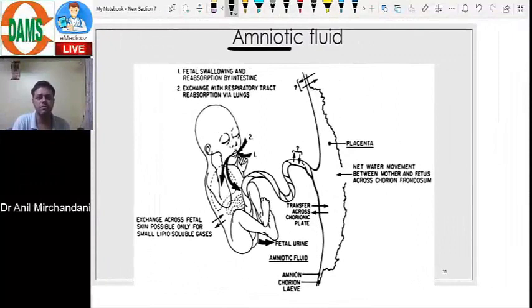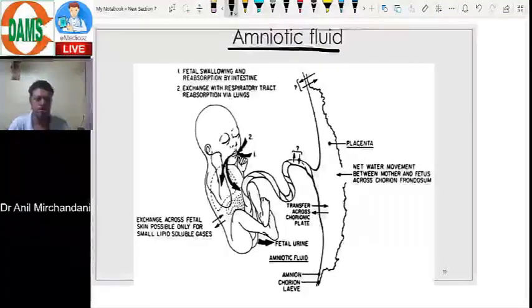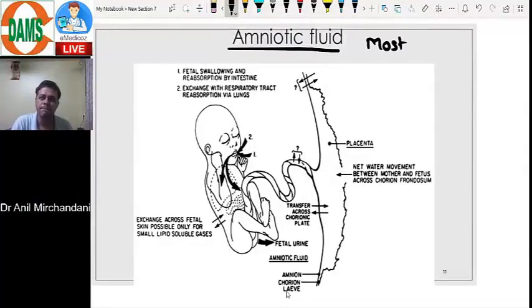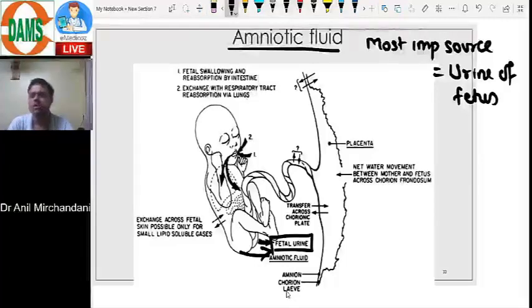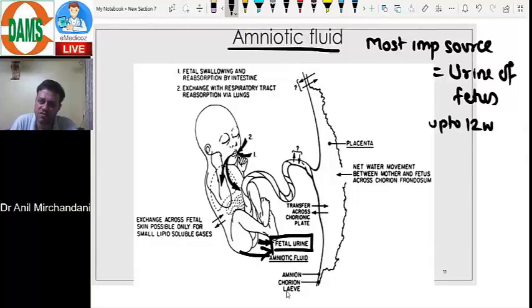Amniotic fluid. Amniotic fluid, remember, most important source of amniotic fluid is fetal urine. So most important source is fetal urine. Okay, but remember, if they ask you trimester wise, most important source up to 12 weeks of gestation would not be urine.